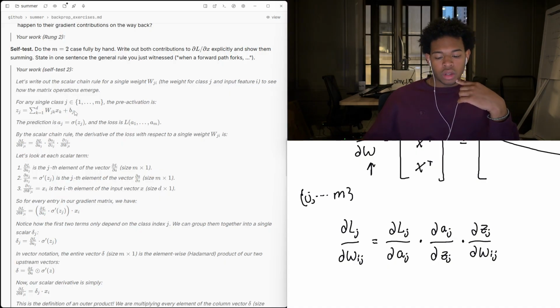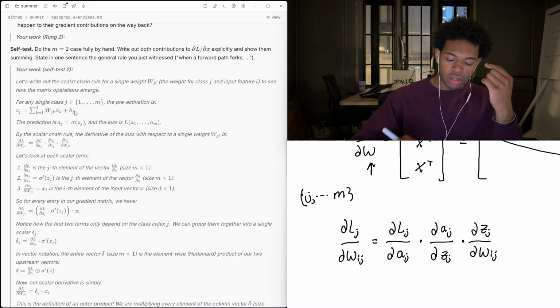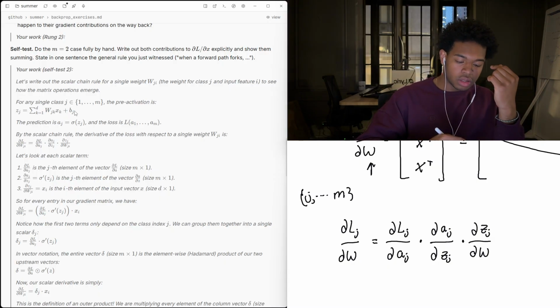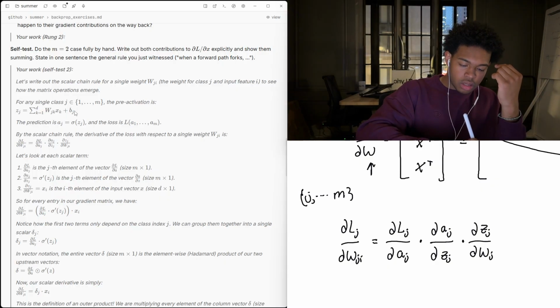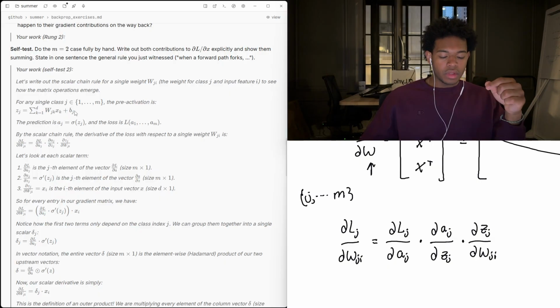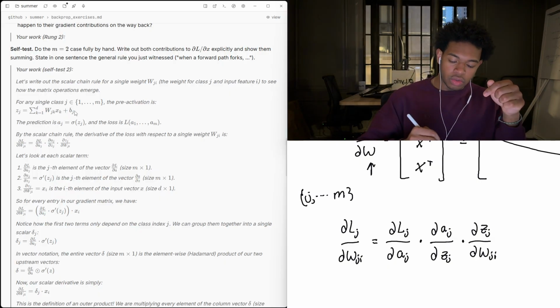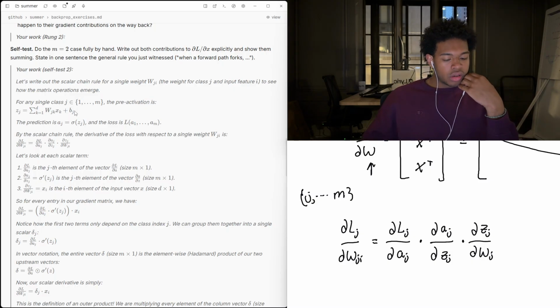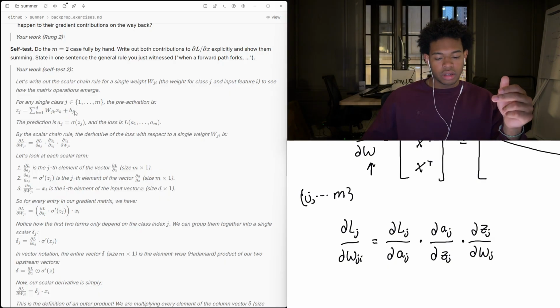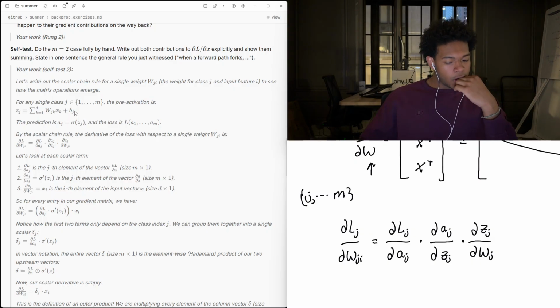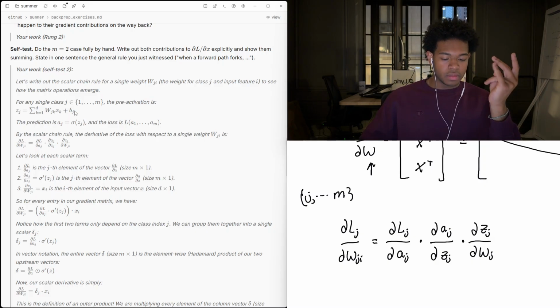But it's technically Ji, given the way we've written things, so Wji. We could do Wj and call this a vector, and then scalar, scalar, and then concatenate it to be a matrix.